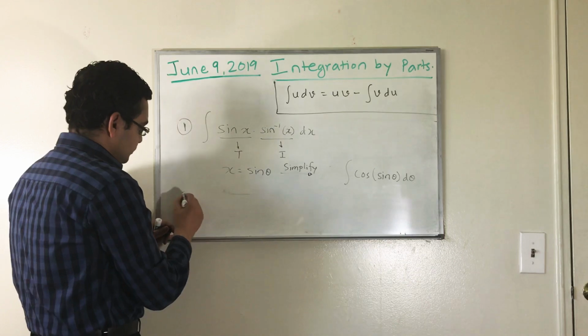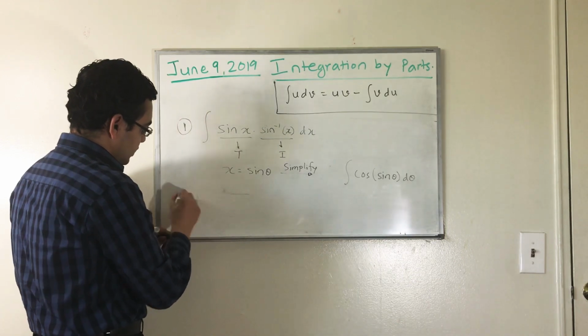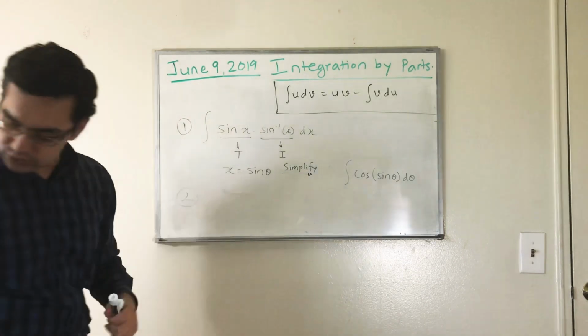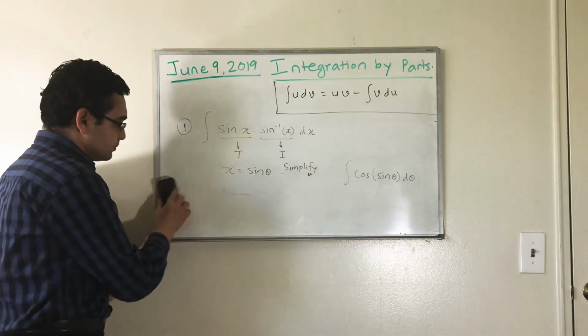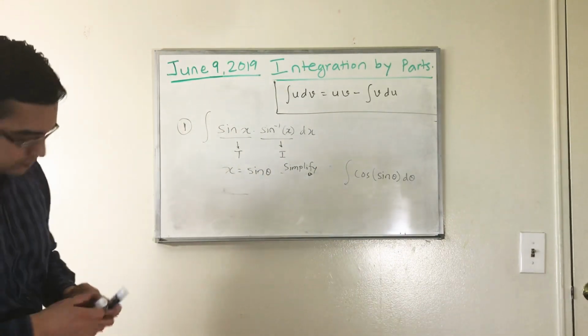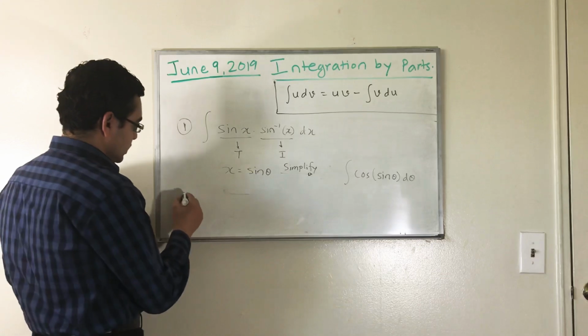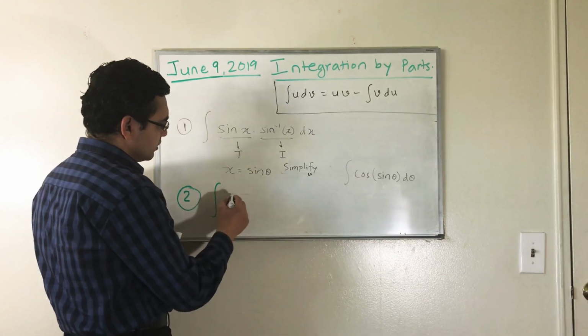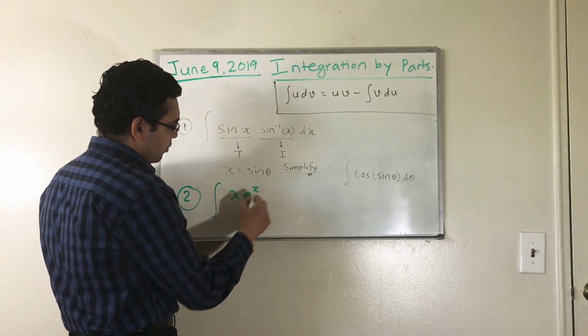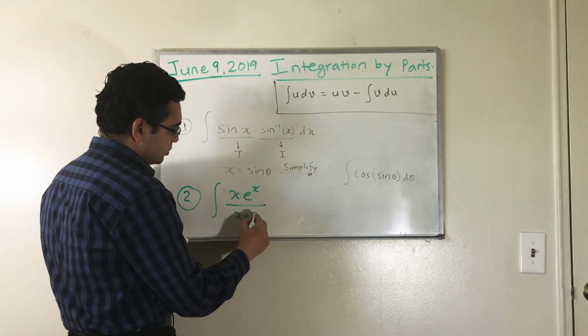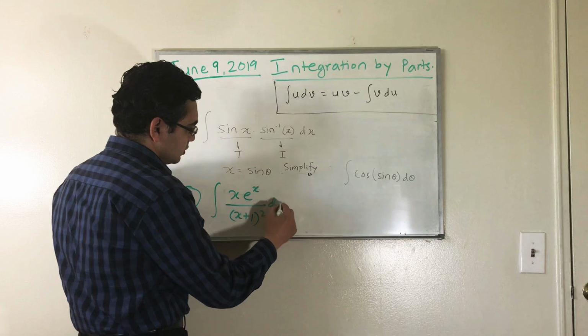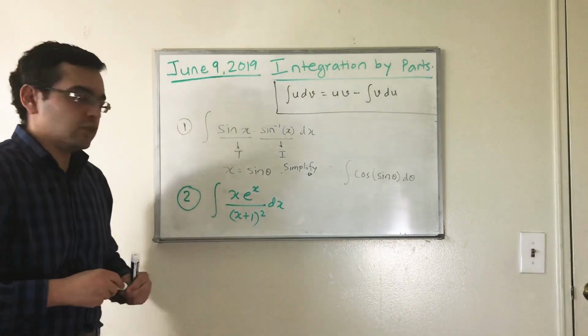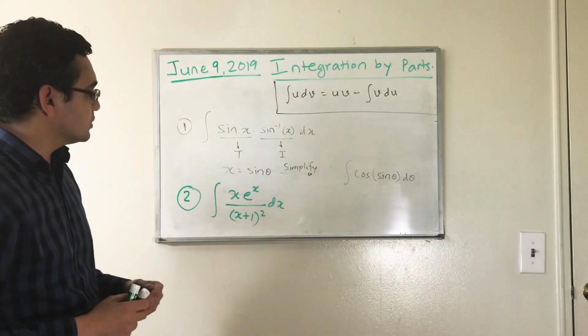Second example is, say, for example, the integral of x e to power x over x plus 1 squared dx. This looks like a somewhat complicated function to integrate.